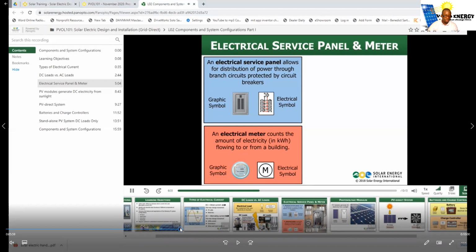Very important to understand. Then there are the graphic symbols, electrical symbols, for example an M in a box, which is a symbol for a motor. Those are more for electricians.